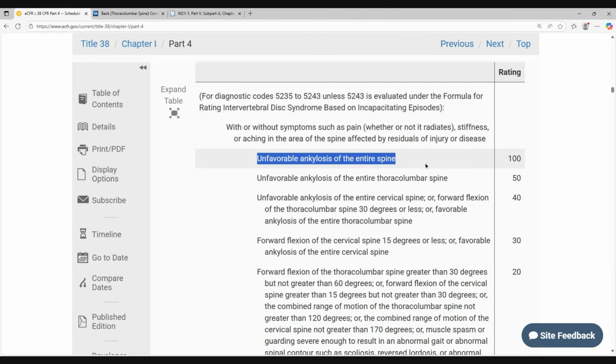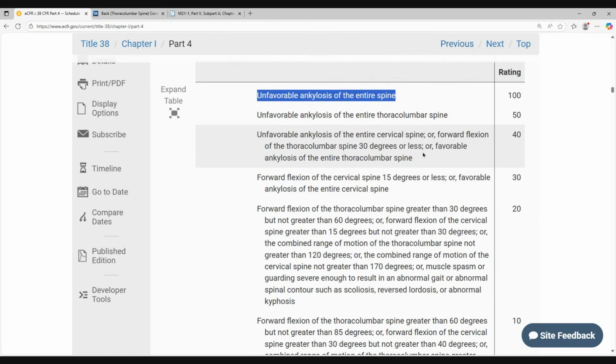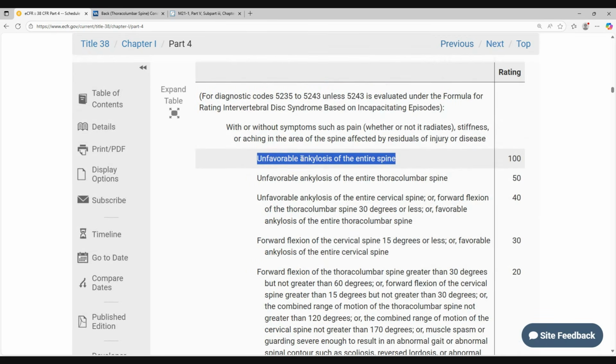Obviously, if you qualify, you qualify, but just understand that most of this is outside of the rater's hands. Like, I have to take the examiner's word for whether or not the ankylosis is favorable or unfavorable, unless there's evidence to the contrary, right?